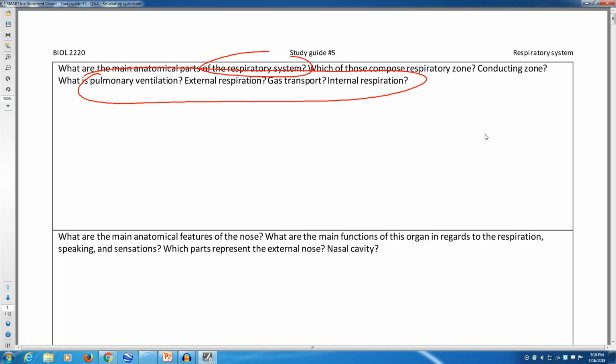Okay? Now, I want you to be very, very clear about this. If I ask you what happens during external respiration, and you have statements, even if one statement makes sense for another process, forget it. Do I make sense? So if I tell you that during external respiration, the pressure of CO2 in the tissues is higher than in the blood, in external respiration it's not.